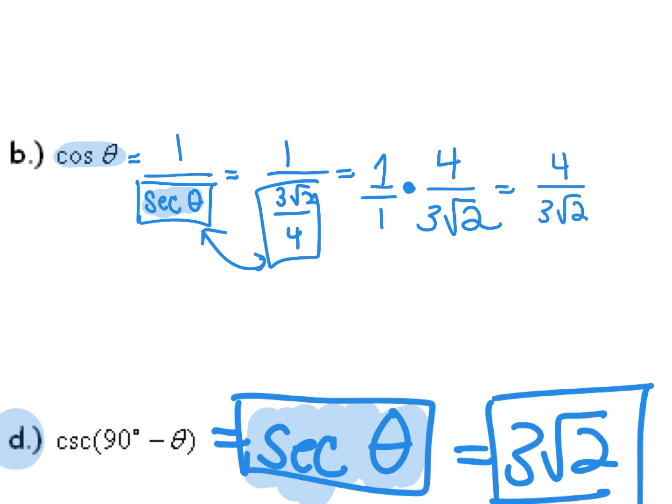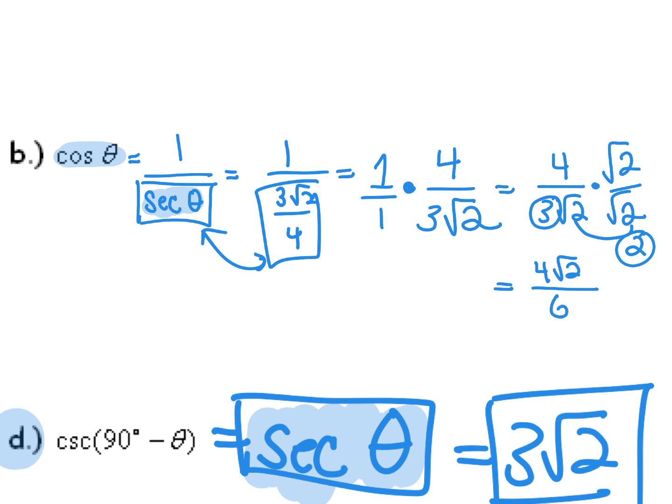The pain in the bum about this one is that I have to multiply the top and bottom by the square root of 2, because I can't have a square root on the bottom. So I would multiply straight across the top. I'd have 4 square roots of 2. Straight across the bottom, remember the square root of 2 times the square root of 2 is the square root of 4, and that's 2. So we'd have 3 times 2 on the bottom. 3 times 2 is 6.